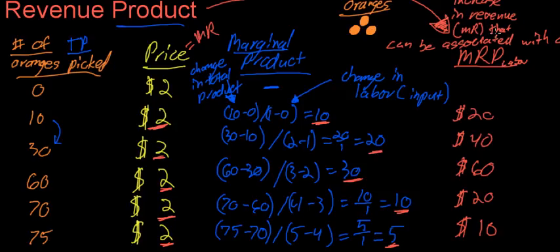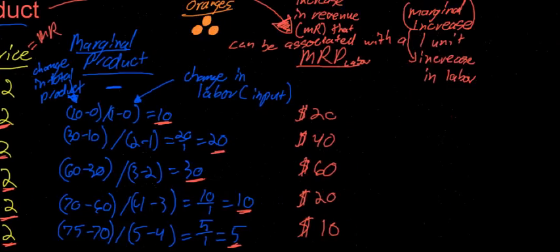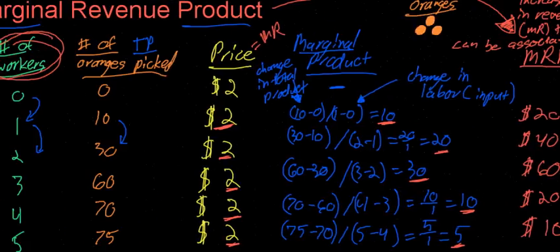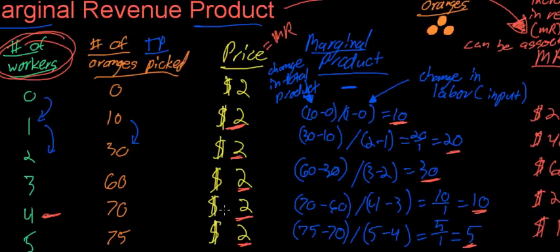So, if we've hired 3 workers, the marginal revenue product of the fourth worker is going to be, back over here, that fourth worker increases our total product by 10, and each product is worth $2, so he increases our total revenue by 20.